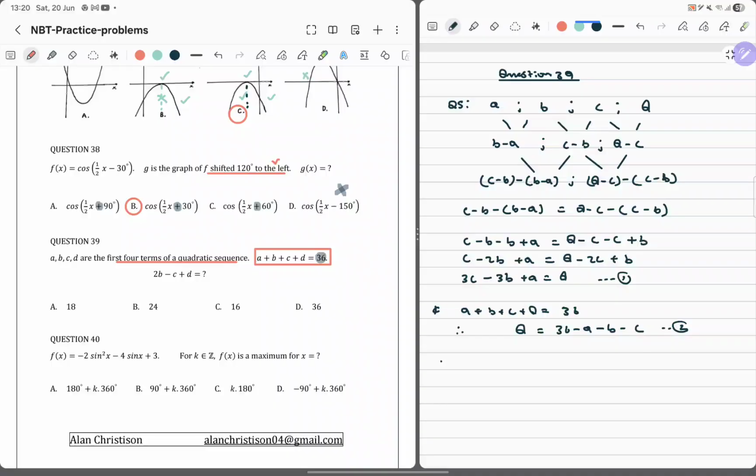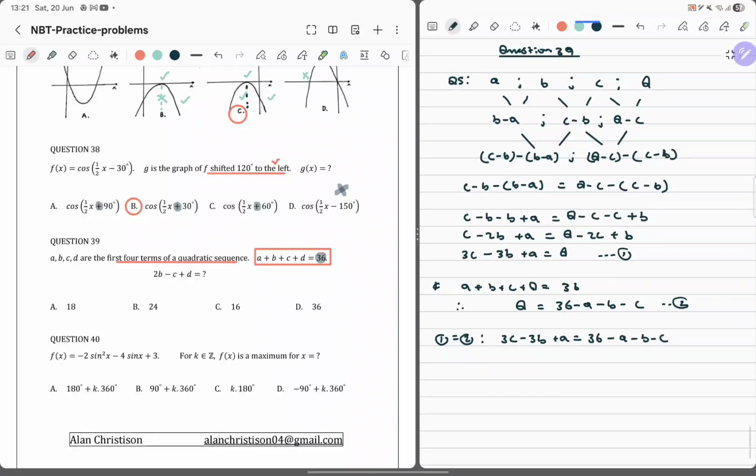Now these are equal, so we know that 1 is equal to 2. So let's see. We've got 3C minus 3B plus A is equal to, not 3B, but 36, excuse me. So this is 36 minus A minus C.